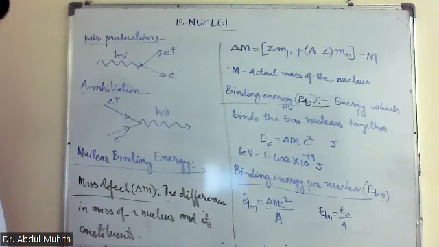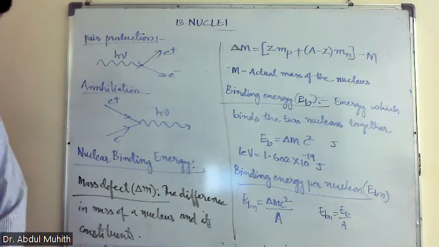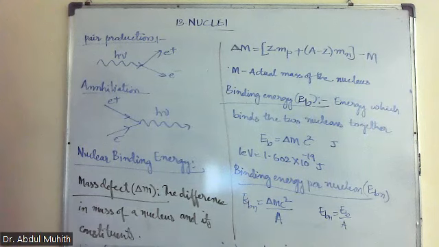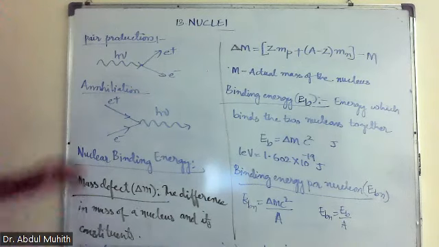If you separate these nucleons, we have to supply a total energy equal to EB to those particles. What is binding energy? How much amount of energy is required to separate a nucleus into its nucleons? That is said to be the binding energy. I'll write one more definition of binding energy.